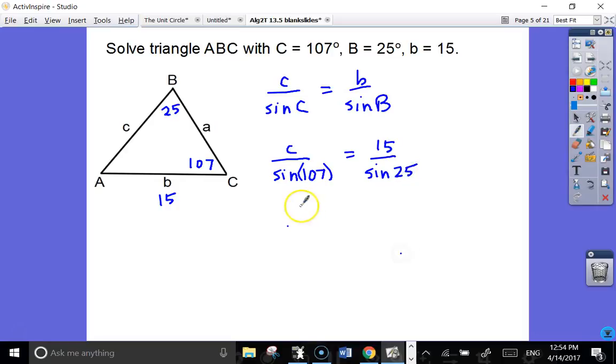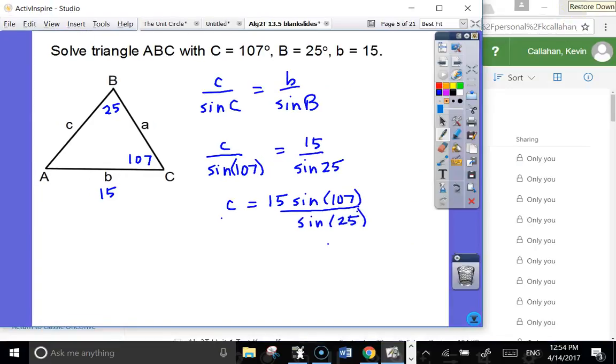Okay, solve for C. C is going to equal 15 times the sine of 107 divided by the sine of 25. And that you could put in the calculator.